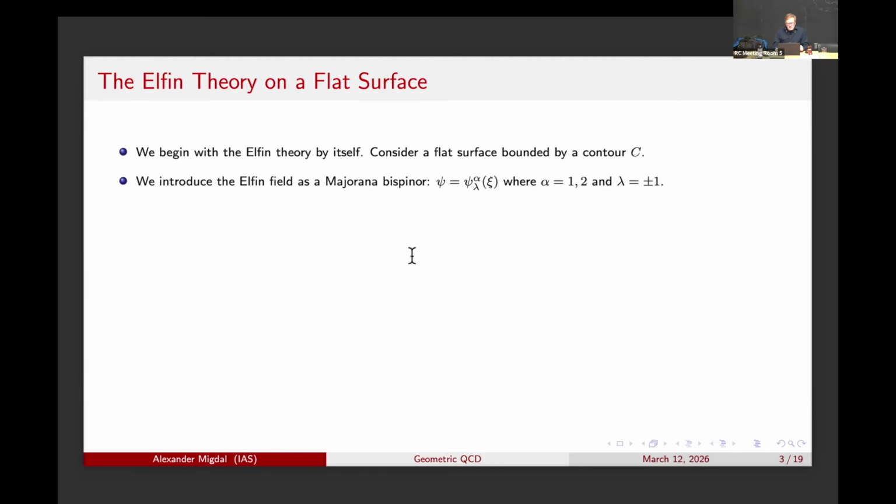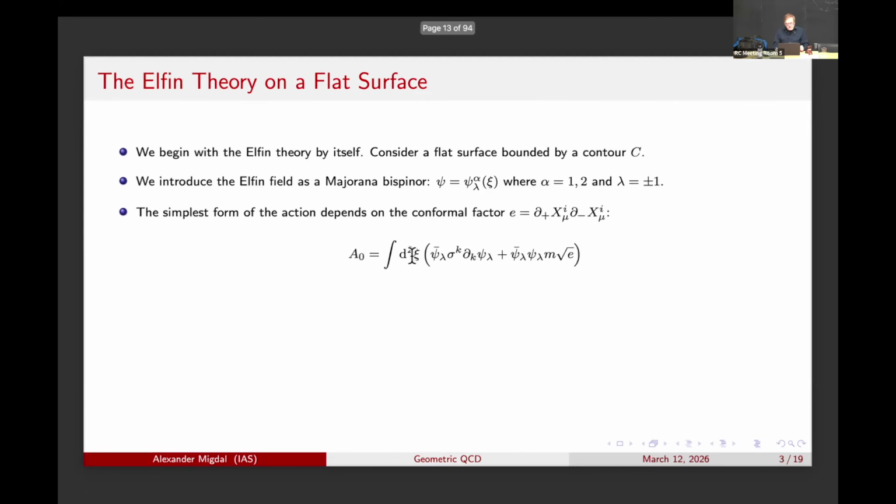So it is a Majorana fermion, but it has two components. So it's two Majorana fermions. You may say it's not direct because it's two-dimensional. So alpha is a spinor index, 1 and 2, and lambda is plus or minus 1. That will count the chirality. There will be two kinds of different chiral conditions.